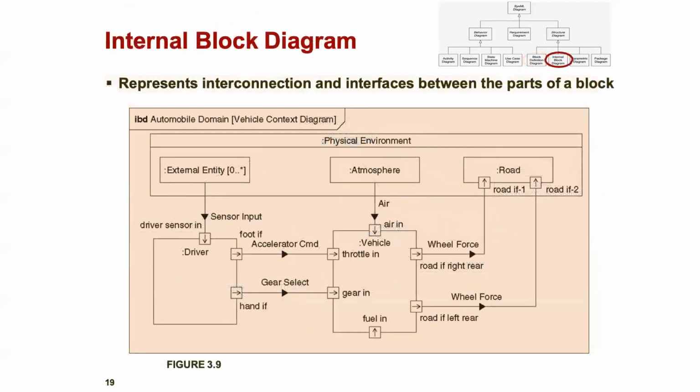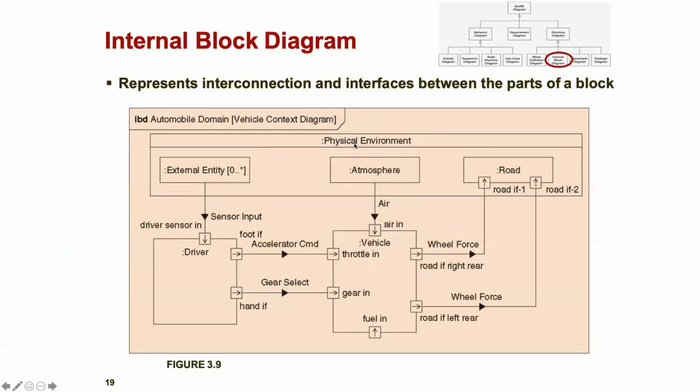An internal block diagram represents the interconnections and interfaces between the parts of a block. For design, it is always important to be able to define the interface and talk about specifically what is exchanged at that interface. This is where we can start to flesh that out in more detail.